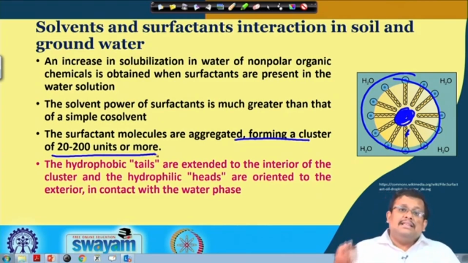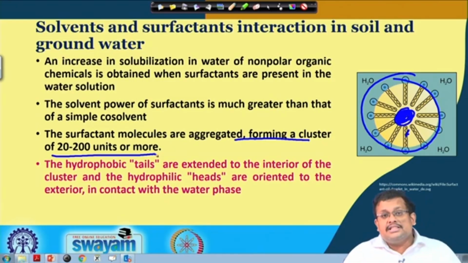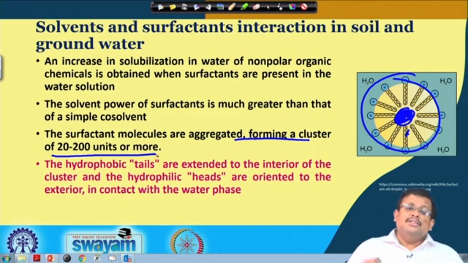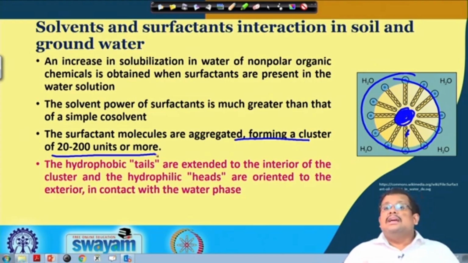Remember that the hydrophobic tails are extended to the interior of the cluster, and the hydrophilic heads are oriented to the exterior in contact with the water phase. This is how a surfactant as a dispersing agent increases the solubility of these toxic organic chemicals in water, and helps in their movement from one part of the environment to another.